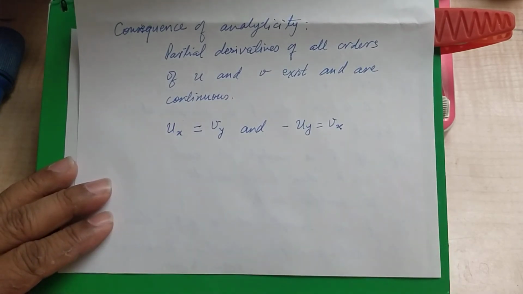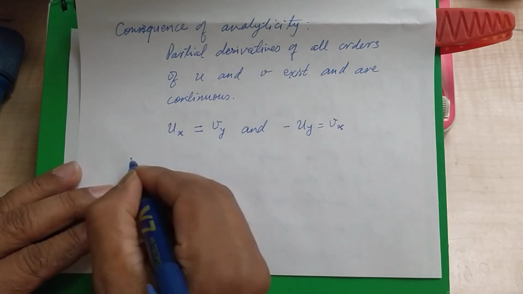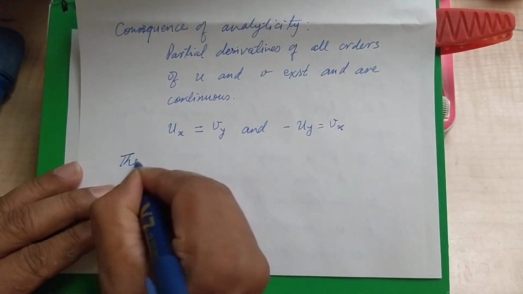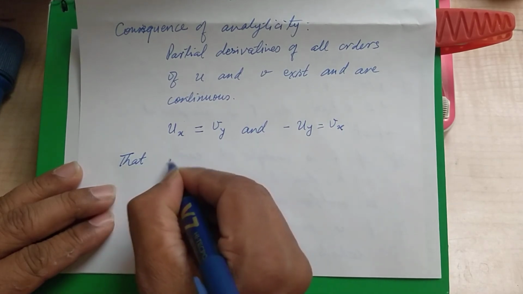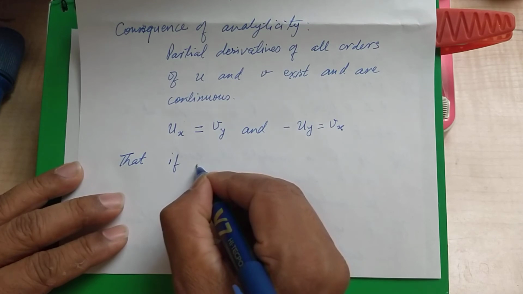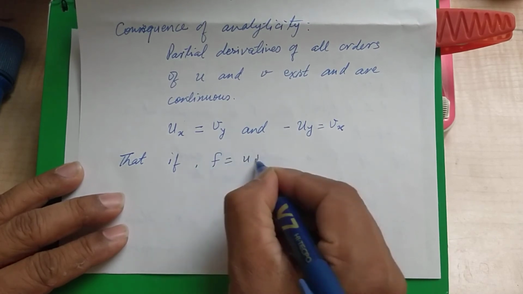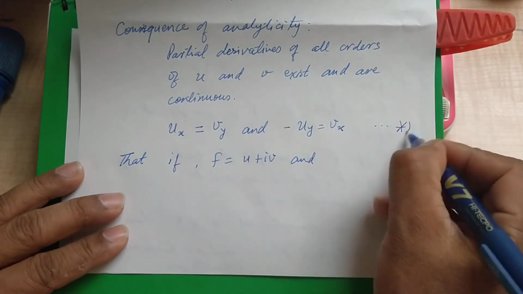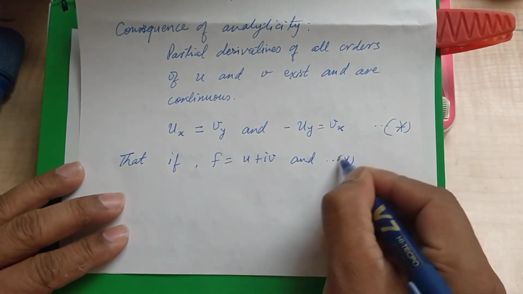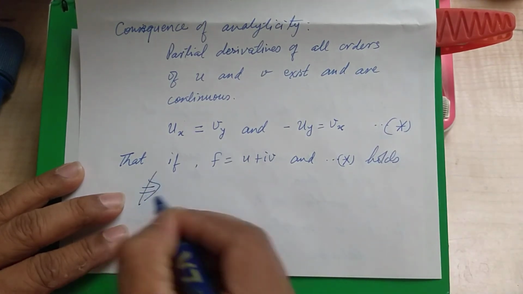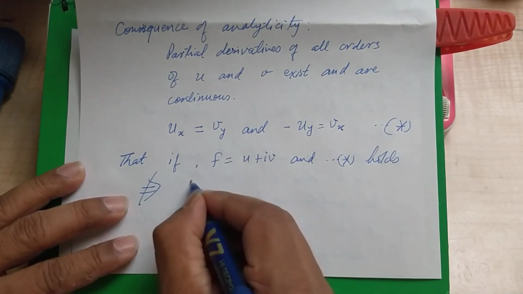These conditions are not sufficient. So, you know that if f is u plus iv and star holds, it does not always mean that f is analytic.